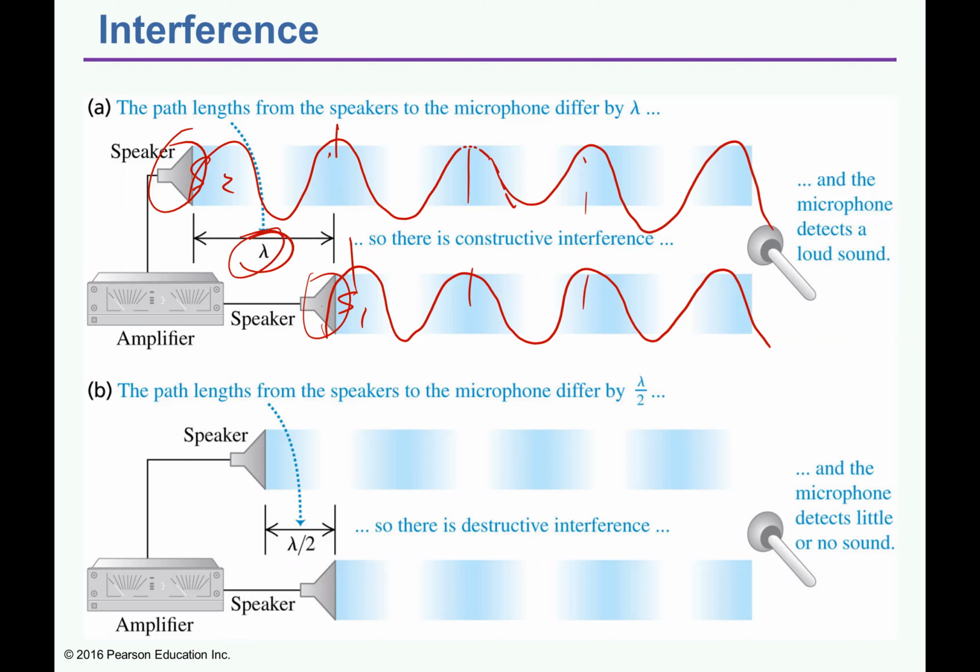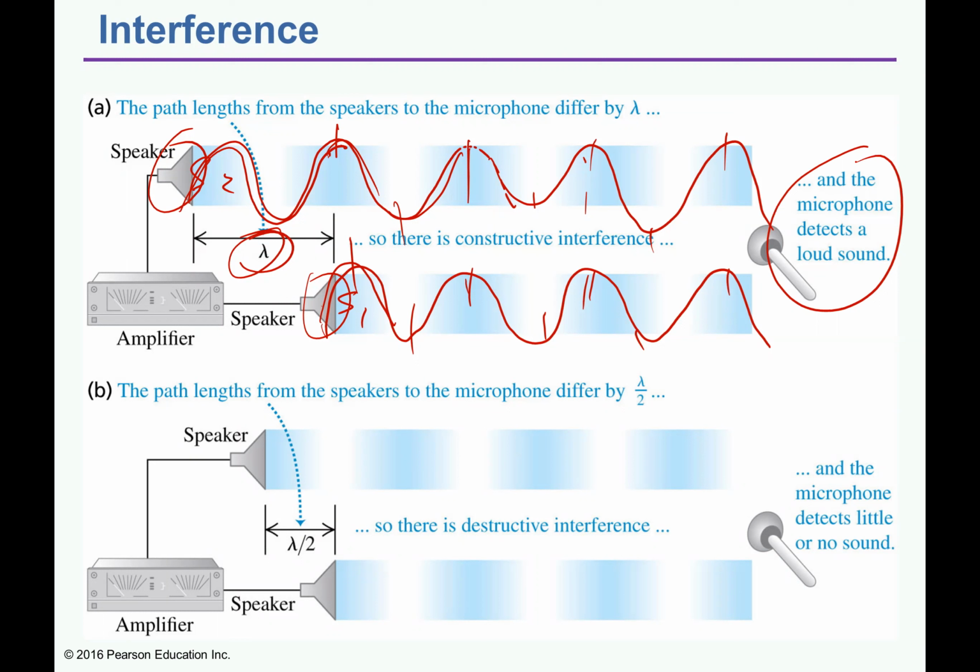That means it travels exactly one wavelength when it reaches speaker one. After that, speaker one and speaker two go crest, crest, trough, trough, crest, crest, all moving together with the same shape. And then the microphone detects loud sound. That means they are interfering constructively.